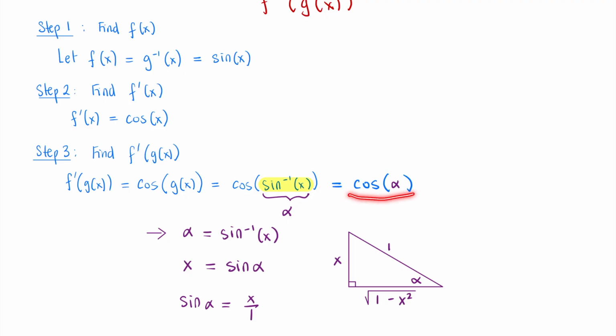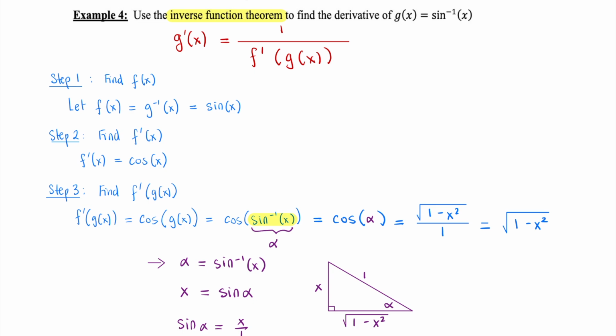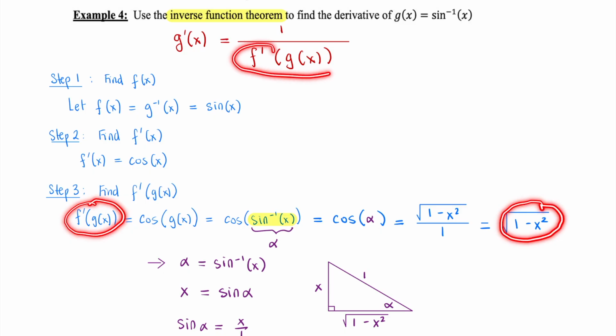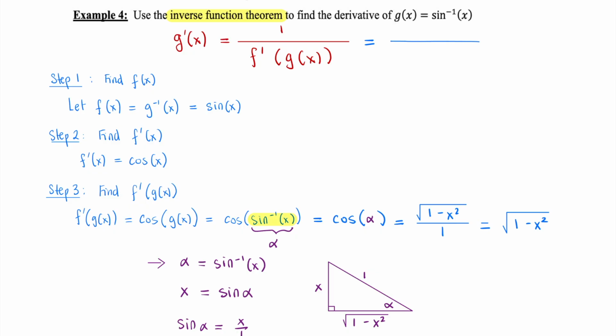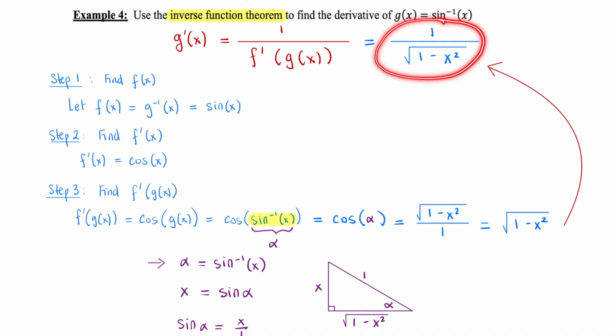For cosine of alpha, I'll take the square root of 1 minus x squared divided by 1, which is the square root of 1 minus x squared. So I have f prime of g of x equals square root of 1 minus x squared. Now I plug that into this formula. And this is the derivative of sine inverse of x.